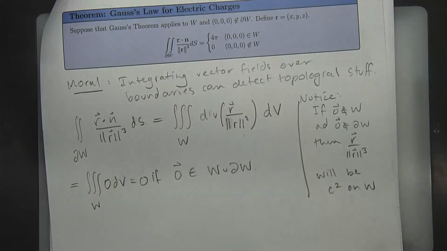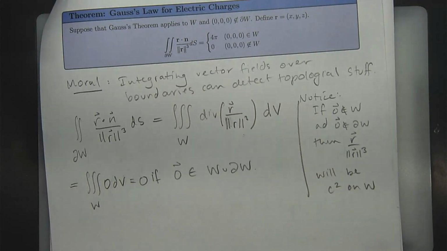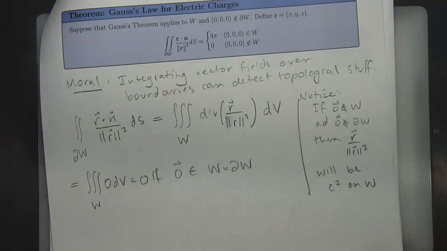Cool. Okay, so if we contain the origin now, we have to be a little bit more careful, right? We can't just integrate because this vector field will blow up at 0.